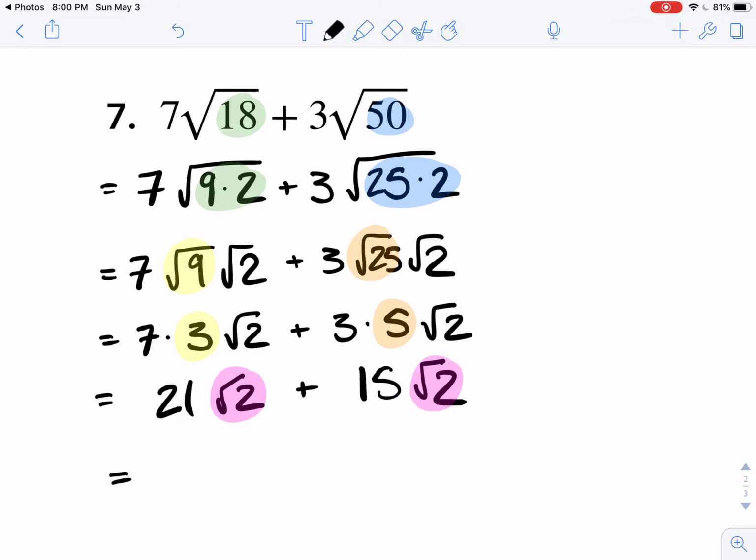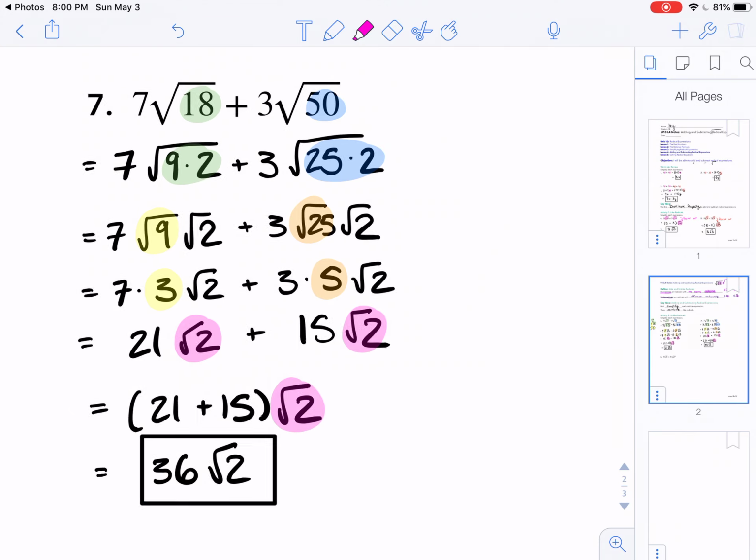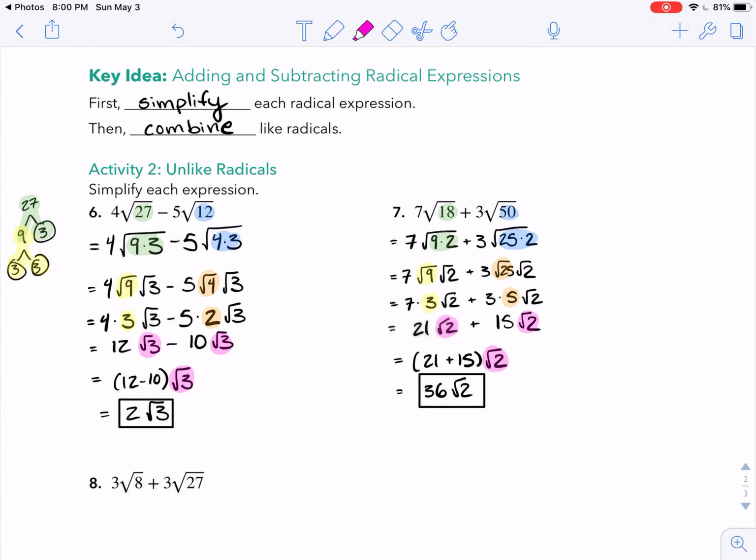So we can distribute a square root of 2 out from each of these terms, giving us 21 plus 15 times the square root of 2. And 21 plus 15 is 36. So we have 36 times the square root of 2 as our final answer. Great, we'll do one more.